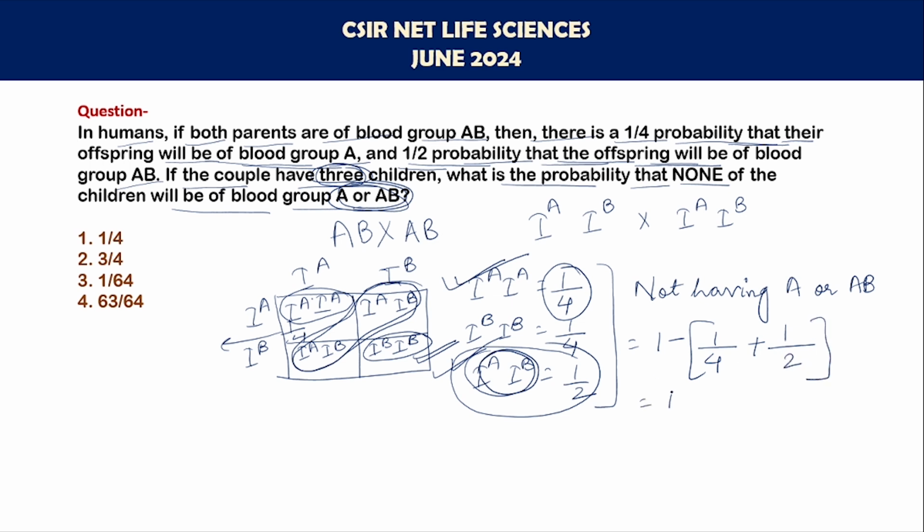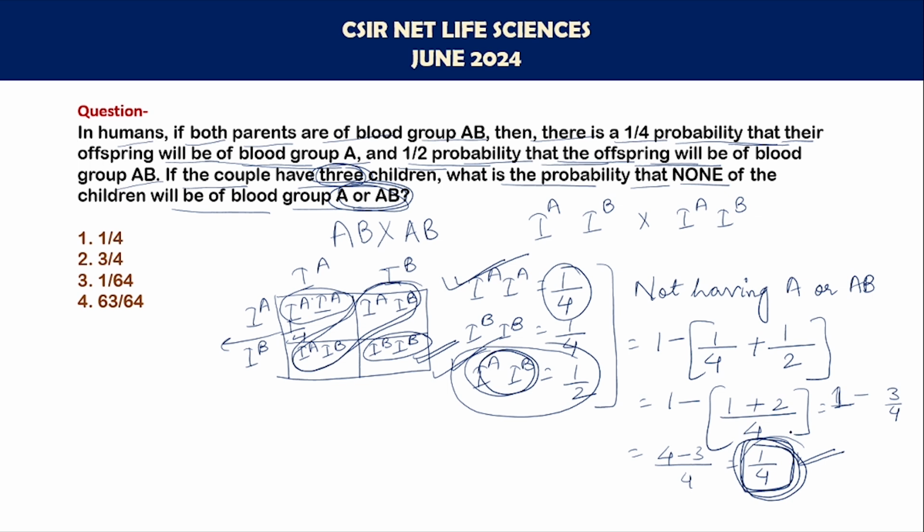Okay, so 1 minus, if we take it here, 1 plus 2, it will be 1 minus 3 by 4. So 4 minus 3 by 4 will be equal to 1 by 4. So we have taken out the probability of not having A blood group and not having AB blood group. So this is the probability of not having A or AB.